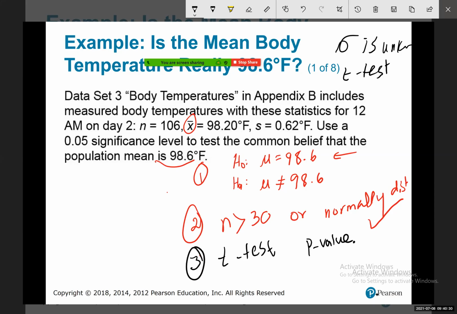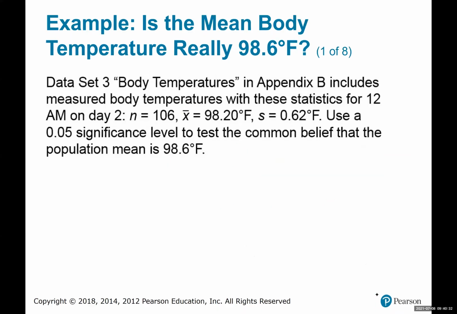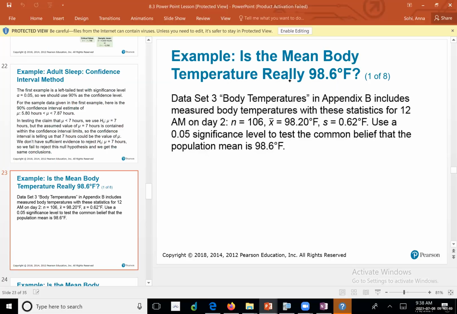I see one answer so far, please send more. This is just putting it in the t-test, and if you don't do it with me, it's very difficult to learn it later. Oh, n is 106. We say n greater than 30 is good, so the requirement is met.